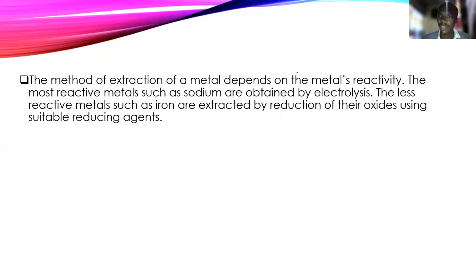So the metals like sodium and aluminum, they are the most reactive metals. Therefore, they cannot be reduced by any reducing agent like carbon, because they are above carbon in the reactivity series.